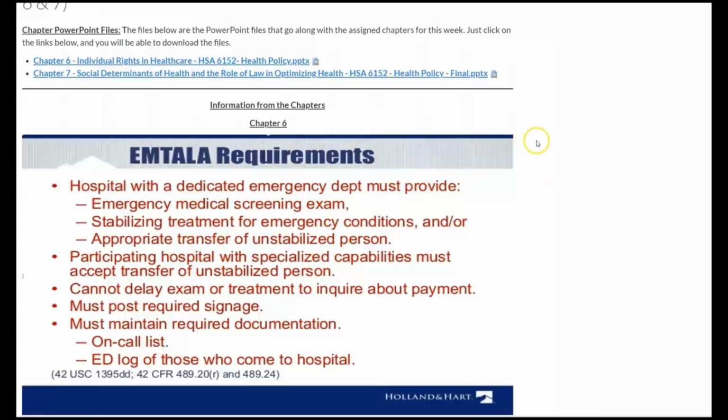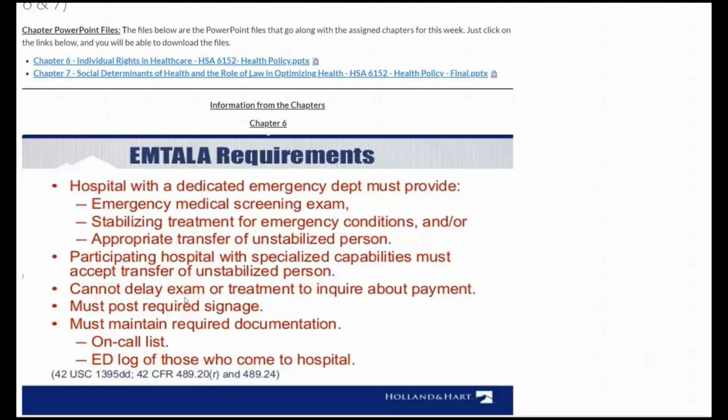The first piece of information here is regarding EMTALA, the Emergency Medical Treatment and Labor Act, which was enacted in 1986 as part of the Consolidated Omnibus Budget Reconciliation Act of 1985. It was originally designed to prevent hospitals from refusing to see patients based on their inability to pay, and to assure they transferred patients only when appropriate and in a safe manner.